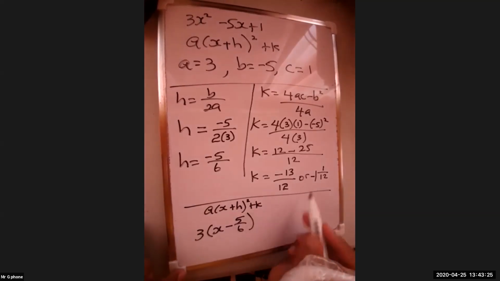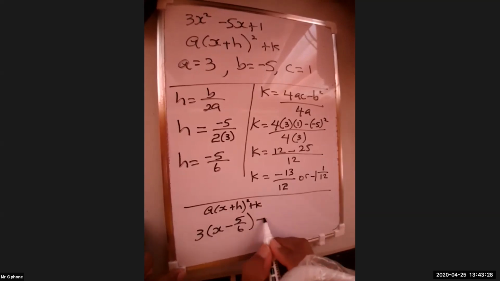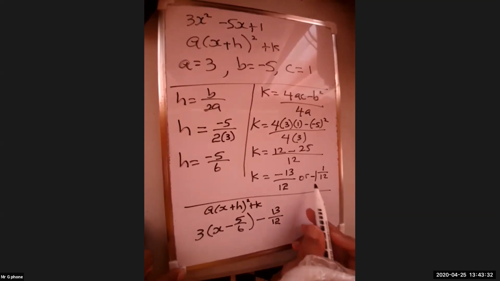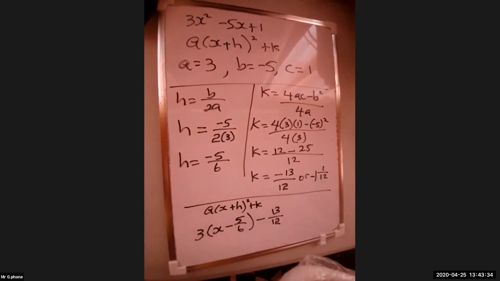A plus by a minus is a minus, so you could use any one, -13 over 12, or you could have used -1 and 1/12. You all got that? Yes, sir. Okay.